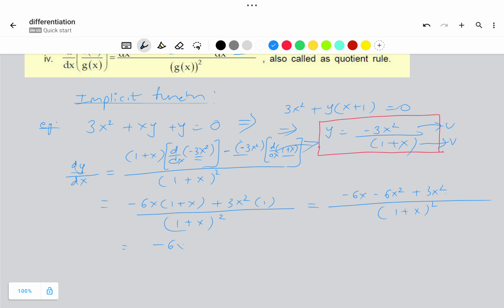It is minus 6x minus 3x square upon 1 plus x the whole square. So from both of these we can take minus 3x common. Inside it would be 2, and here it would be plus x, and then 1 plus x the whole square. So like this we can solve the implicit function.